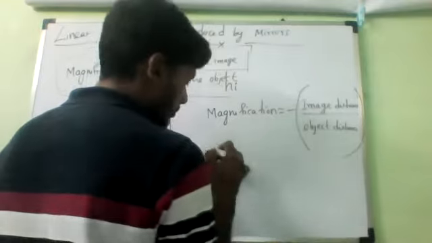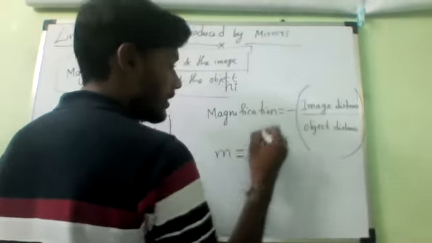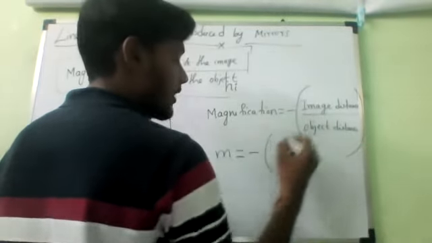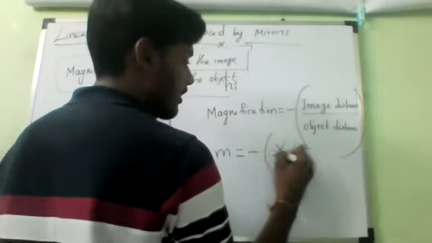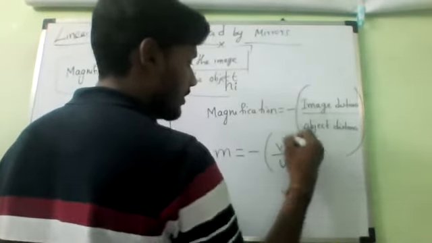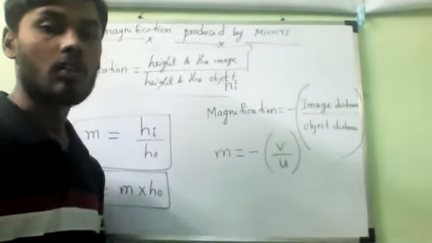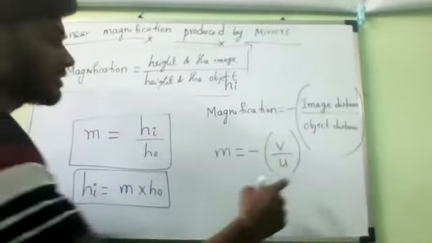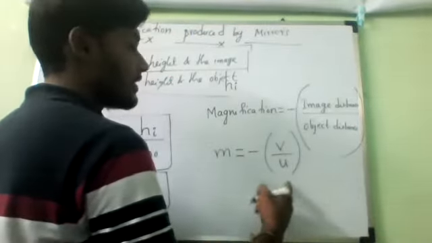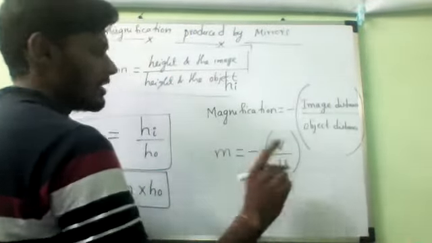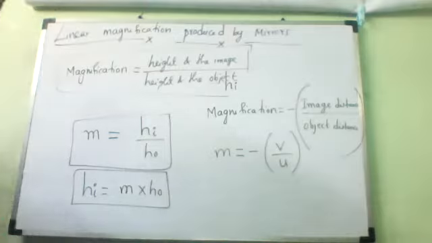Magnification we represent with m, image distance with v, and object distance with u. Do you understand or not? Yes, sir. So magnification is this one. This is what you should remember; later we can modify it.